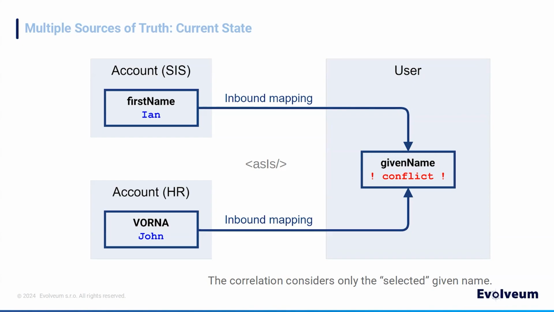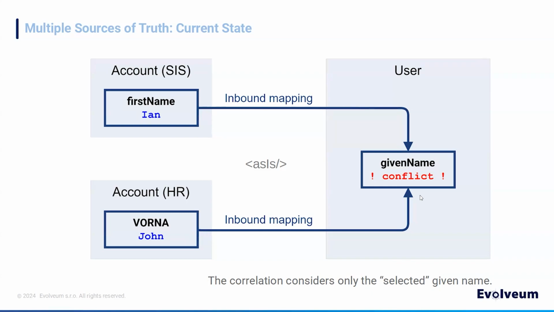Let's illustrate that on a simple scenario involving HR and student information system. Let's say we have a mapping from first name in the SIS to user's given name, as well as a mapping from forna, a SEP attribute, again to the user's given name. If we have a user with both names the same, let's say John here and John there, everything works fine.